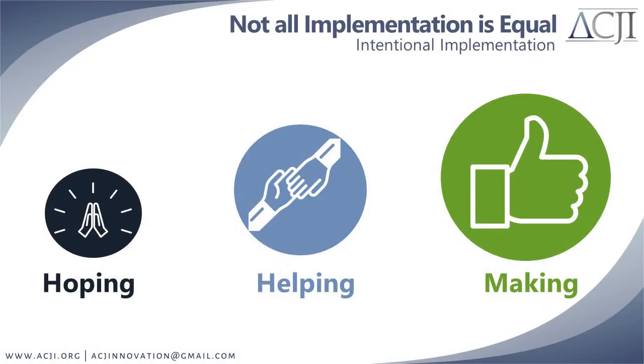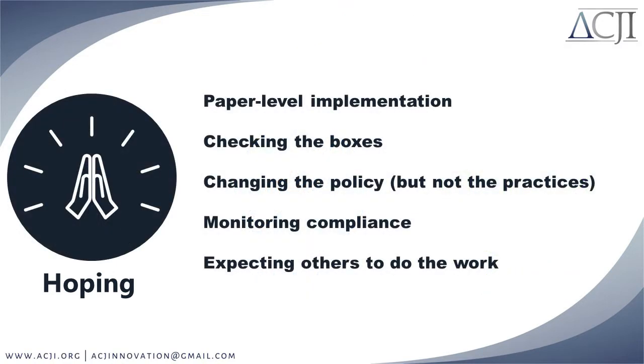So I just talked about levels of implementation. Imagine for a moment that there are 3 levels of implementation: hoping it happens, helping it happen, and making it happen. Level 1 is hoping that it happens. You can also think of the hoping level as paper-level implementation of new policies and procedures.